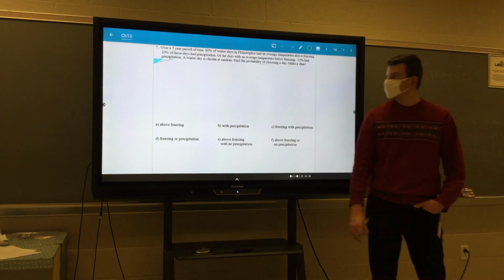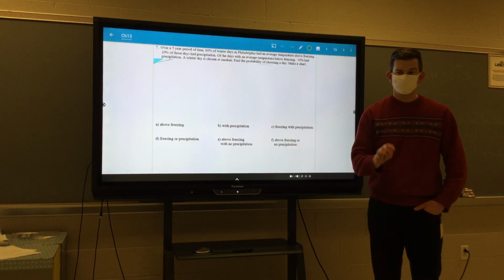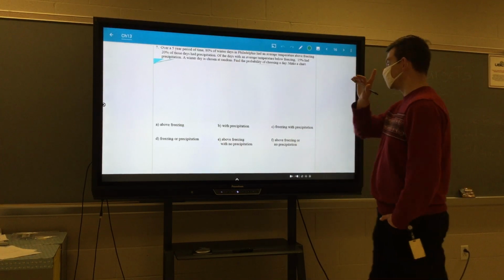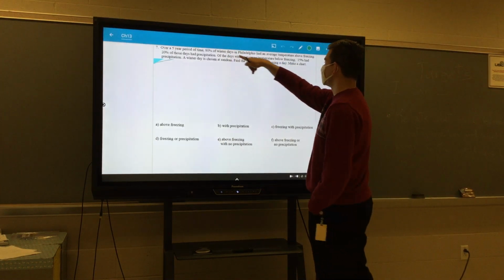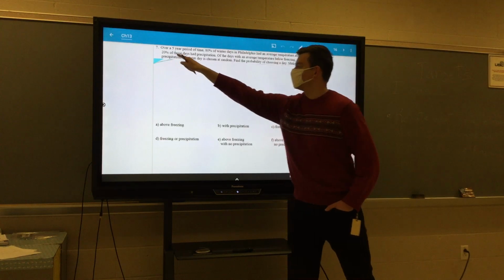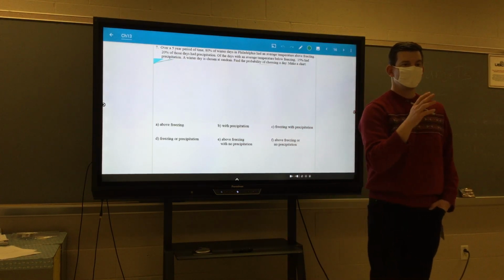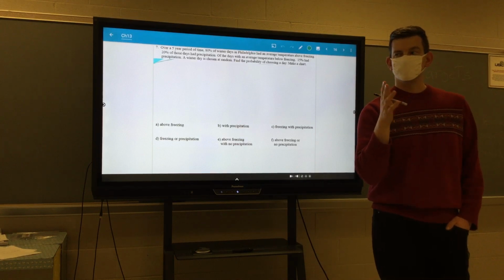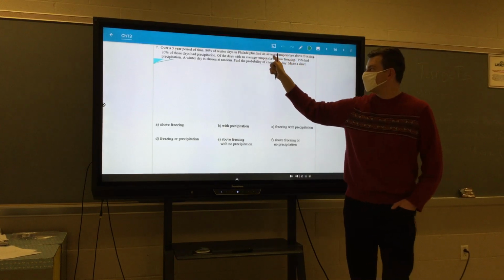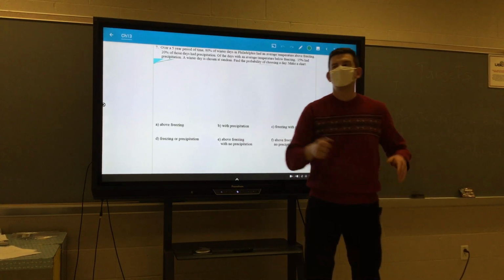With this one, we have a percentage, which could make this very complicated because 80% of winter days are above freezing, but 20% of those days, not all of the winter days, this is a conditional probability. Given that it's above freezing, 20% has precipitation.